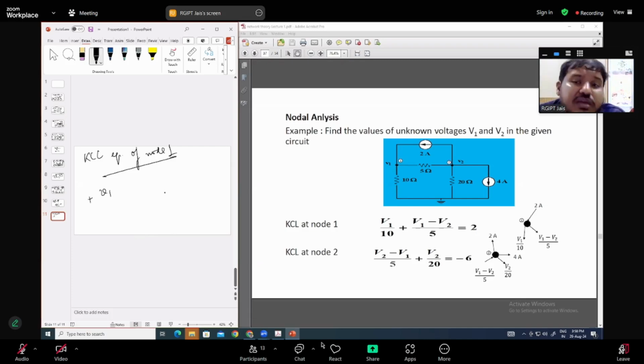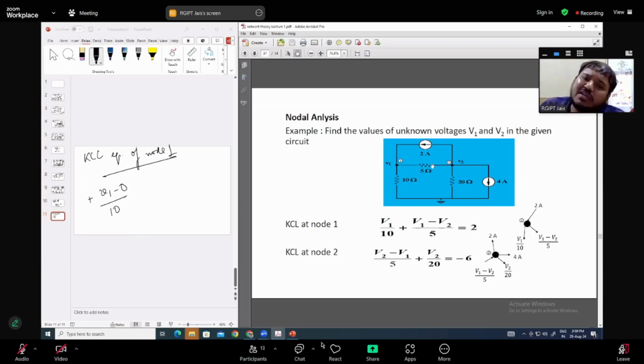What will be the magnitude of the current? V1 minus 0, ground, divided by 10. Then consider this branch. In one terminal it is V1, in the other terminal it is V2. How do we find the direction of current?